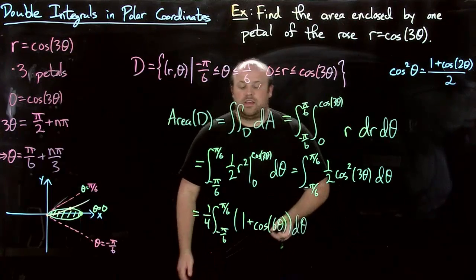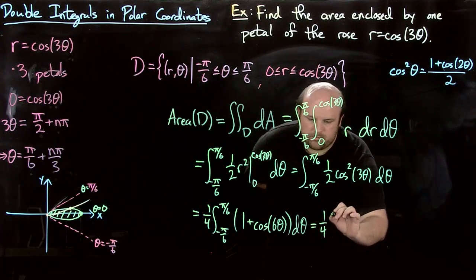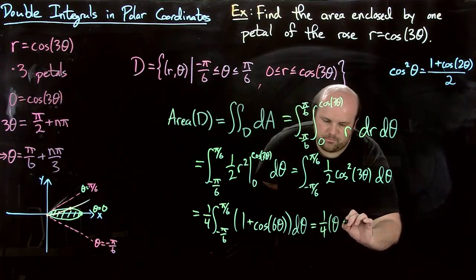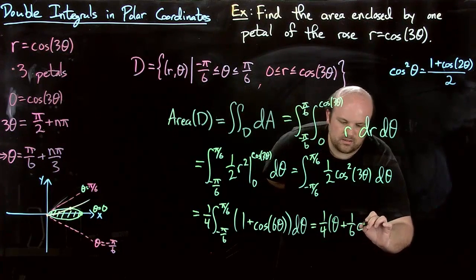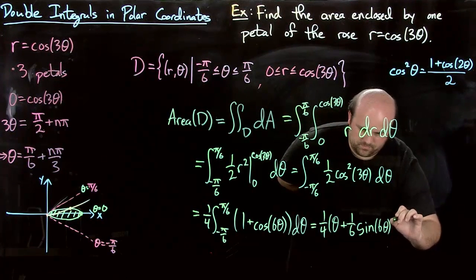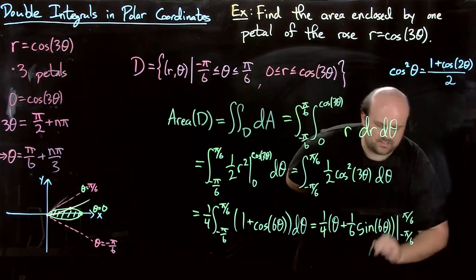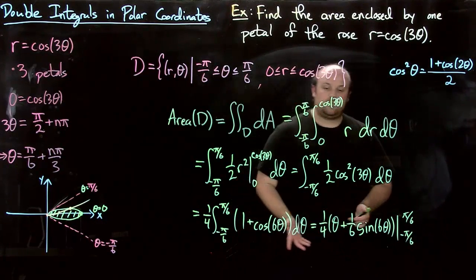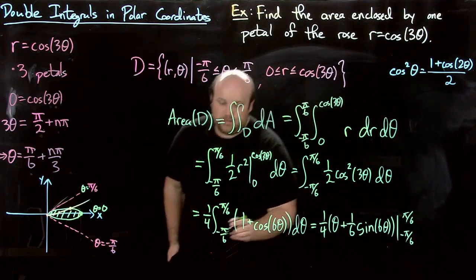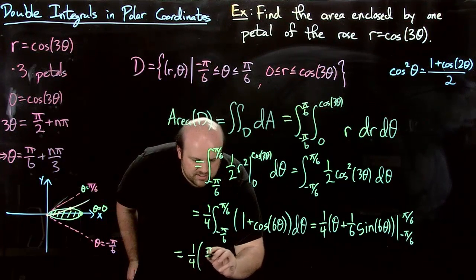And when we integrate this, we have theta plus 1/6 sine 6 theta from minus pi over 6 to pi over 6. So that's 1/4 times pi over 6.